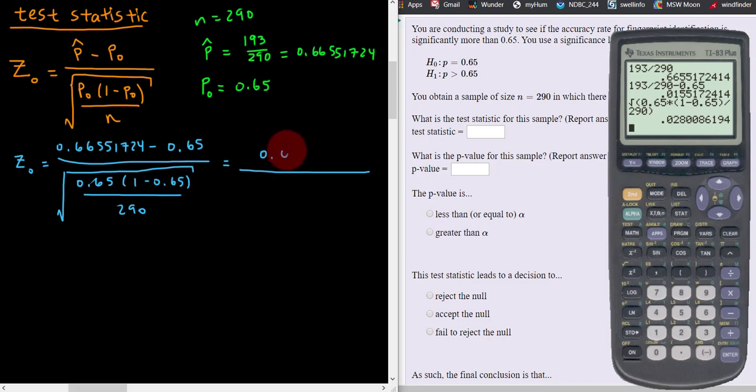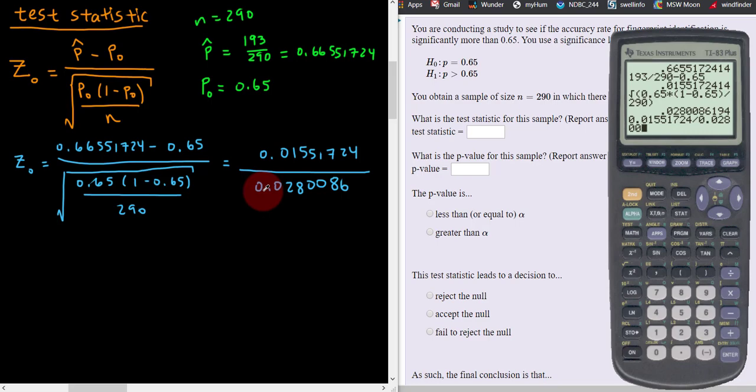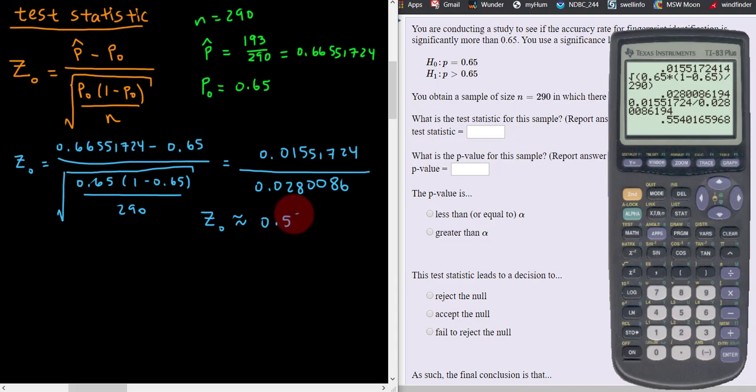I'm going to rewrite these numbers. Now I'm going to do the division here in my calculator to get our test statistic. So this is approximately 0.55. We always want to round those to the second decimal place because we're going to take this to our z table, and the z table only has 2 decimals worth of accuracy or precision.